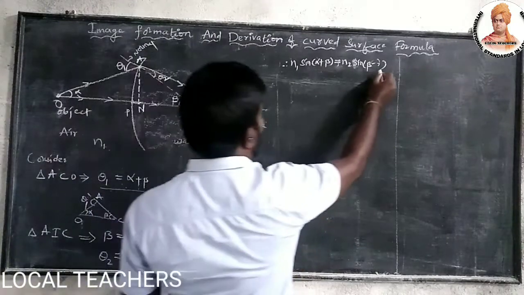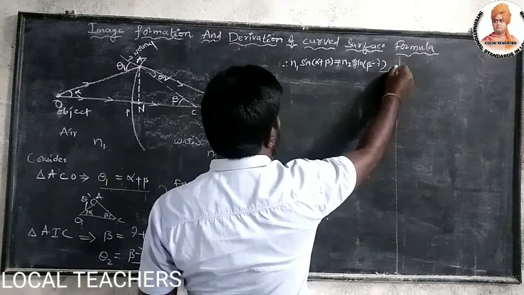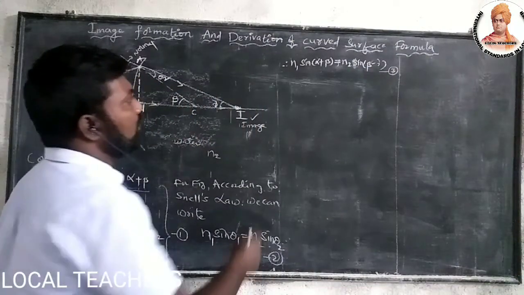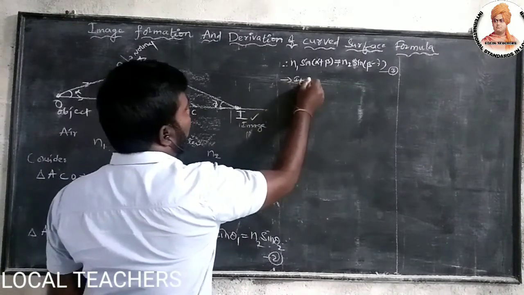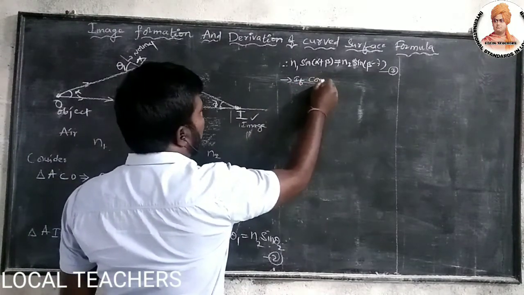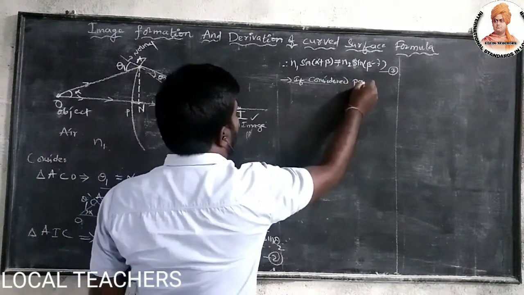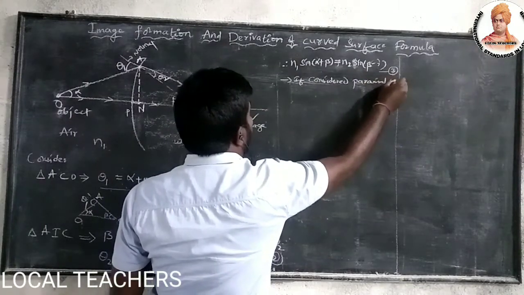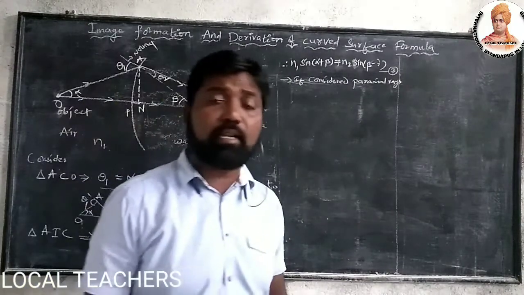Okay. So consider equation 3. For this figure here, if we consider paraxial rays, what is meant by paraxial rays?